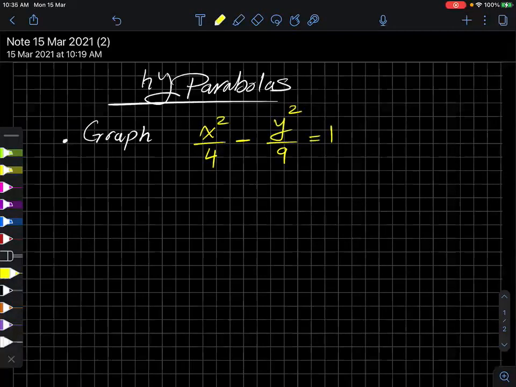This is the first case. Let's name it I. This is the first case, when our equation is written in this form: x squared over a squared minus y squared over b squared is equal to 1.